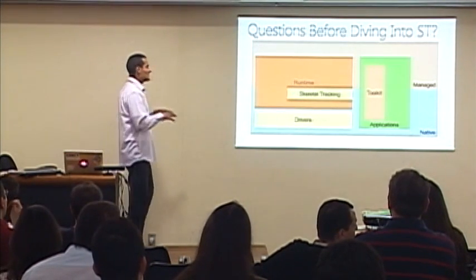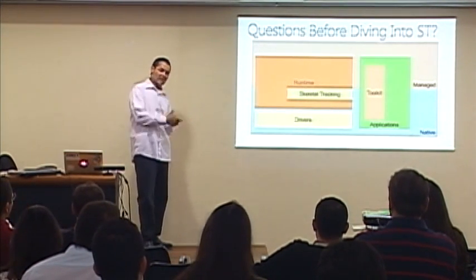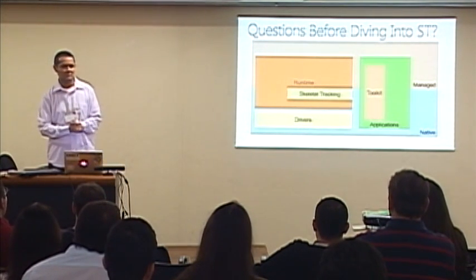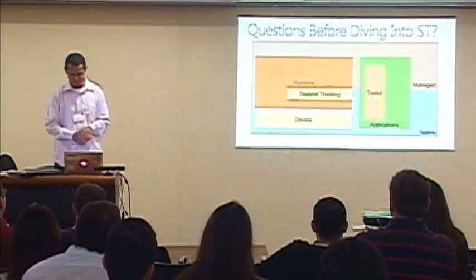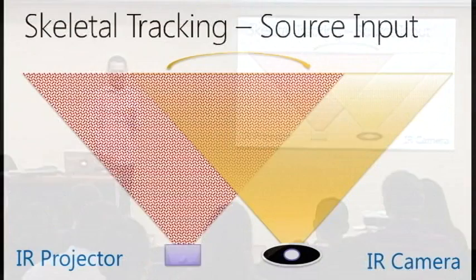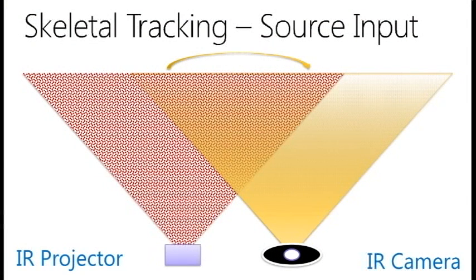But now let's dive a little bit into skeletal tracking, how we do this. Any questions before that? Okay. So the first thing that we do is, we need to calculate depth. How to calculate that?